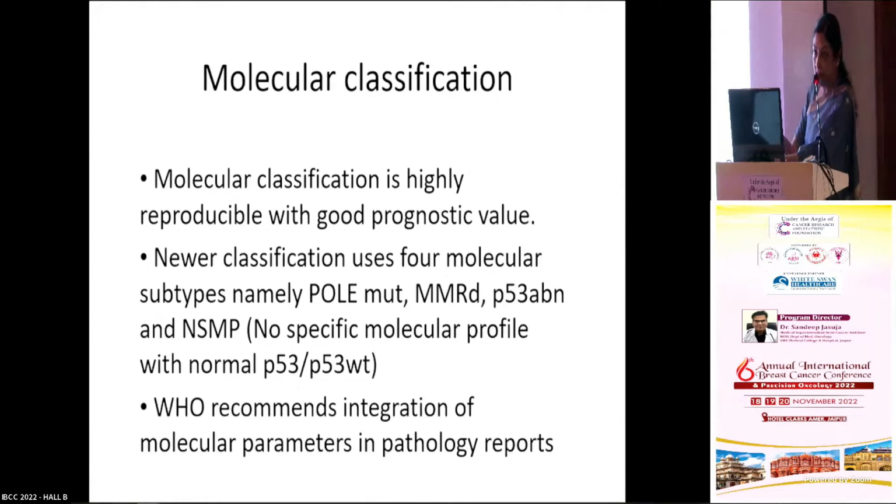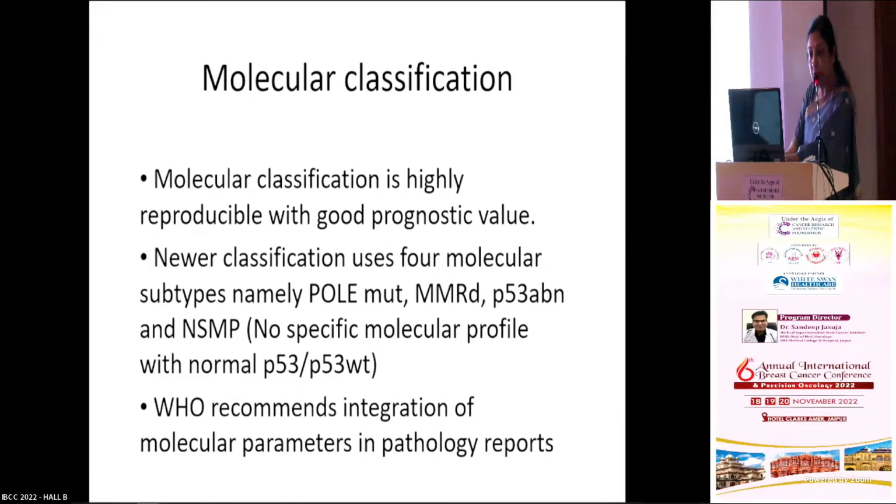So molecular classification has now come in, but still there are a lot of confusions regarding this and its integration into the management, but we will try to talk about it. Dr. Somshekhar would have talked about the molecular classification. I will just elaborate the names.